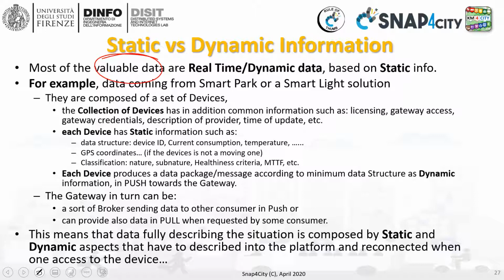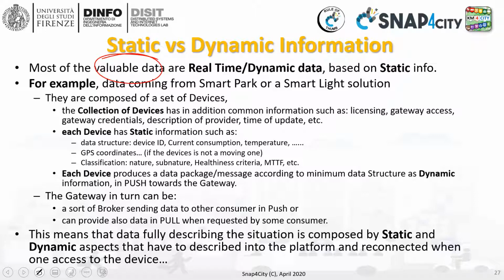So most of the real-time data are the most valuable data that you may collect. Static data regarding how the city is configured, where the services are, are typically accessible in many different manners for the users, and the users are not very demanding of this kind of service, because they can have this information from many different apps, from many different services.